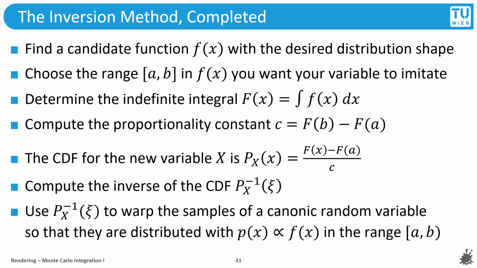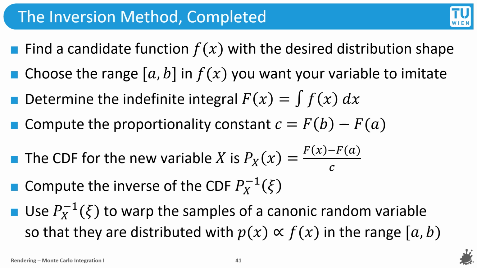To summarize, let's go over the individual steps we need to do once more. First, we identify a candidate function f of x that we want for the distribution of values in our random variable. Second, we choose the range inside the candidate function that our variable's distribution should imitate. We then compute the indefinite integral or antiderivative of the candidate PDF to get a candidate CDF.